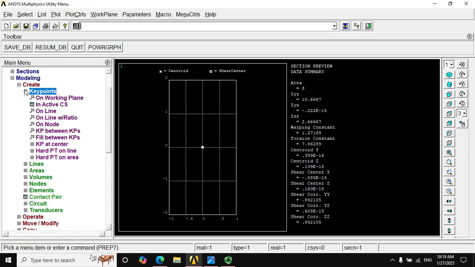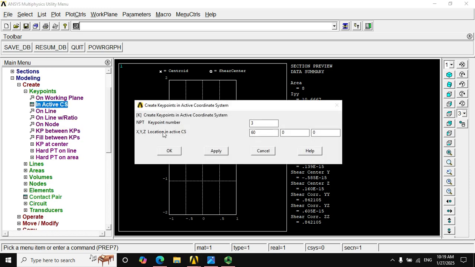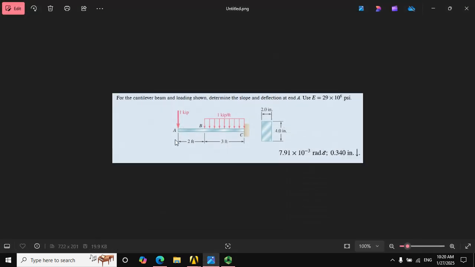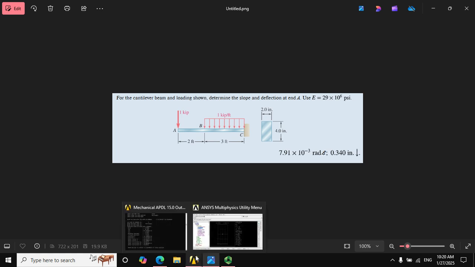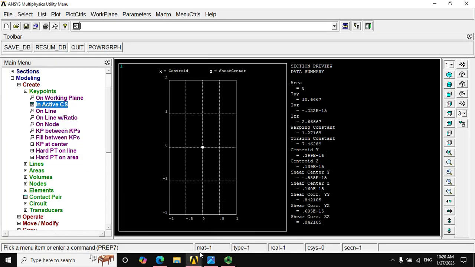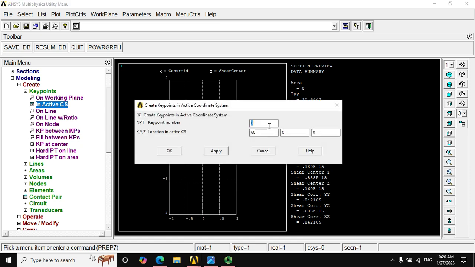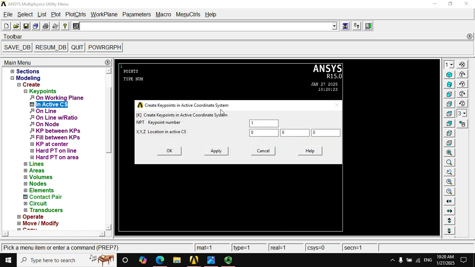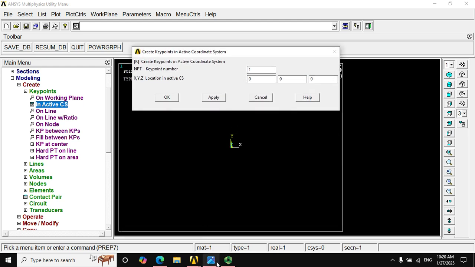It's gonna use key points. I'm gonna start from the left. Point A, I'm gonna put on the origin of the coordinate system. So we go here, point 1, 0, 0, 0, and then point 2.